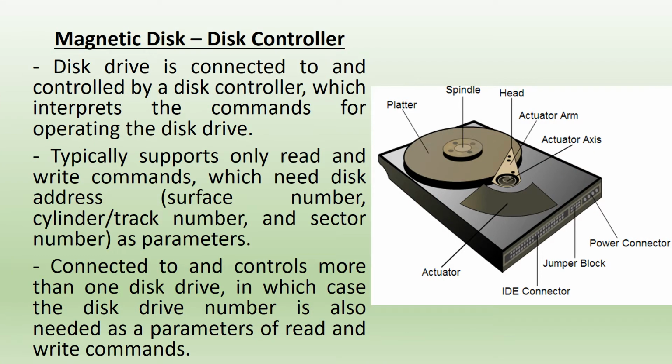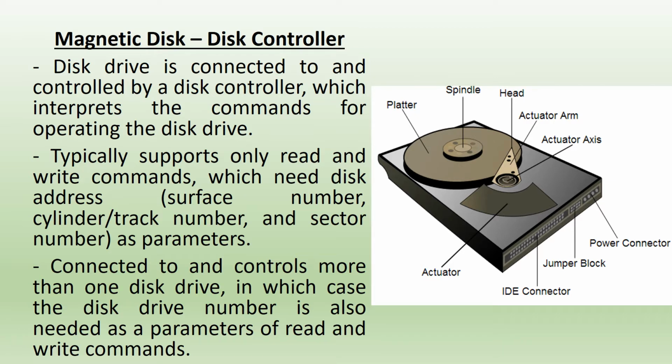Magnetic disk, so disk controller. This is also very important. What is the disk controller? There's a big difference between the disk drive and the disk controller. The drive is connected to and controlled by a disk controller, which interprets the commands for operating the disk drive.